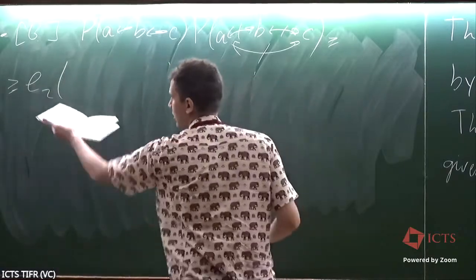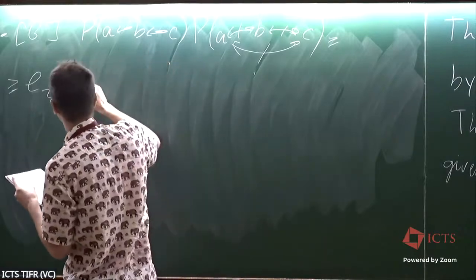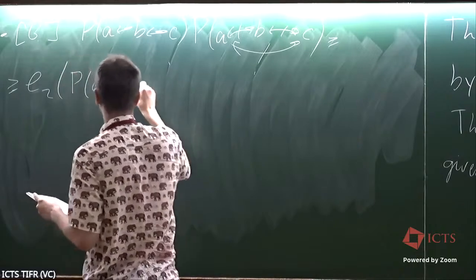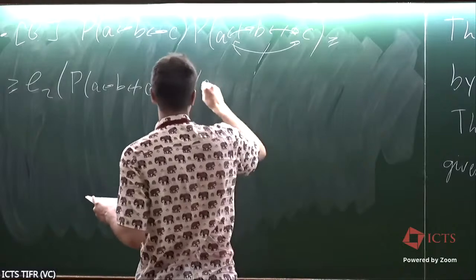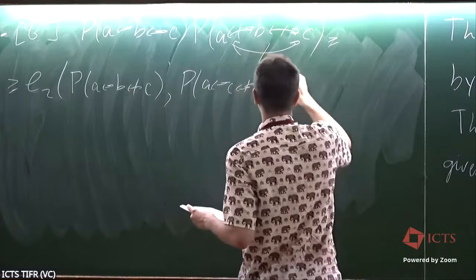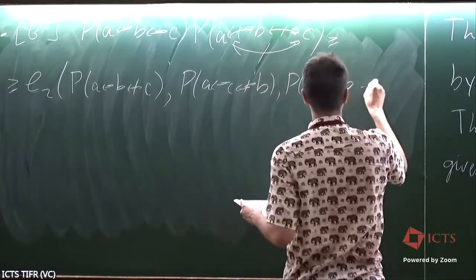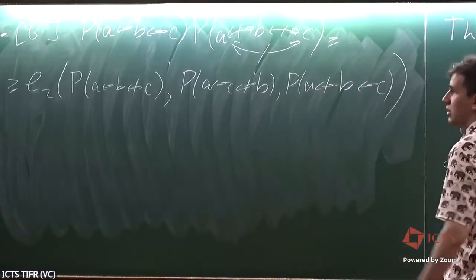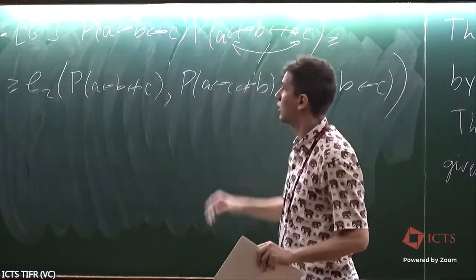By this, I mean a sum of pairwise products. So we have the probability that A and B are in the same cluster, but not C. We have the probability that A and C are in the same cluster, but not B. And we have the probability that B and C are in the same cluster, but not A. And I take their pairwise products, and it turns out that the sum of 3 pairwise products is dominated by this product.